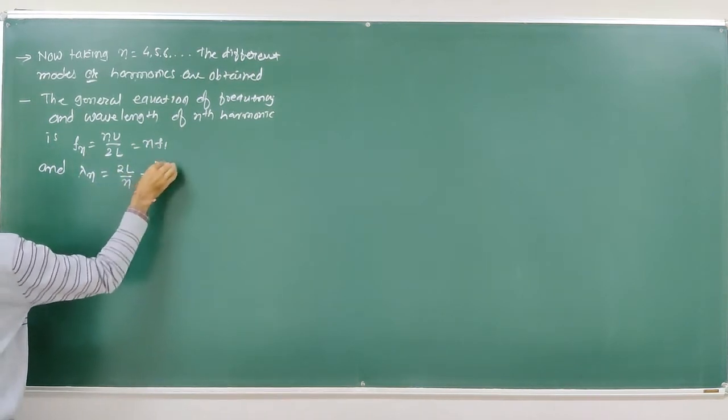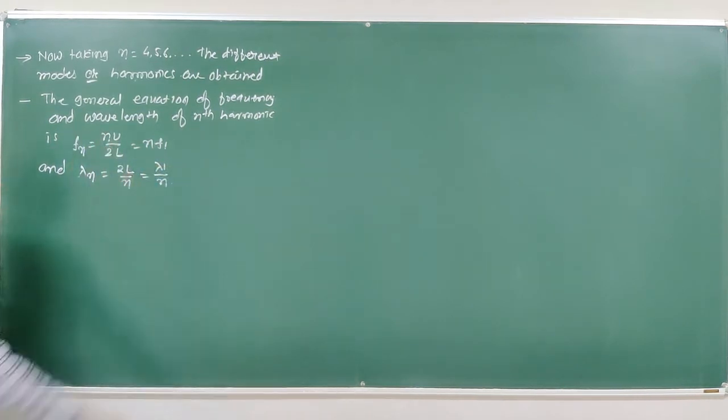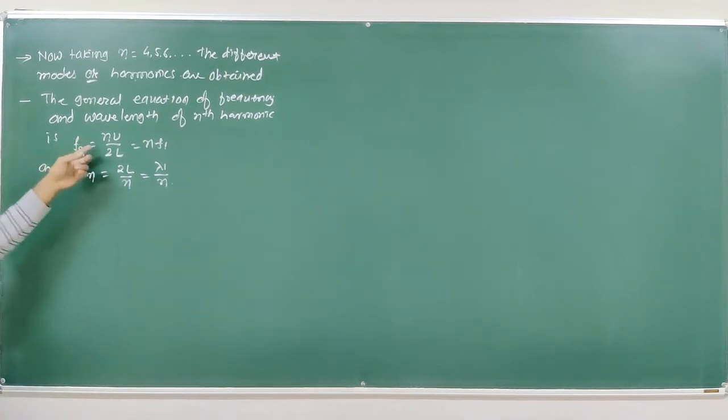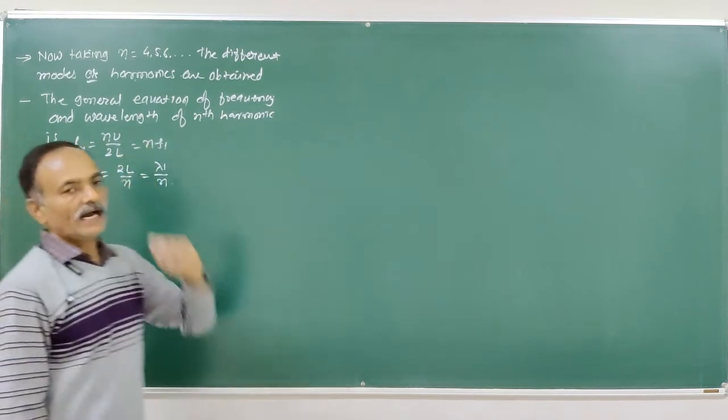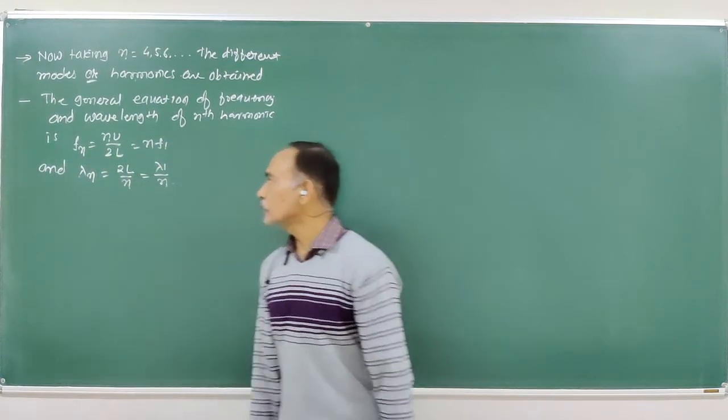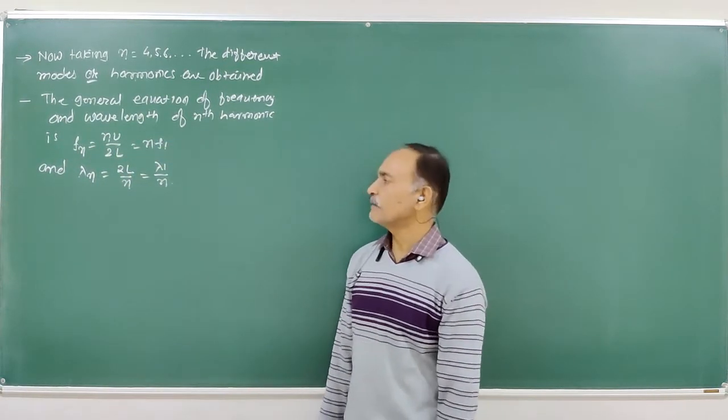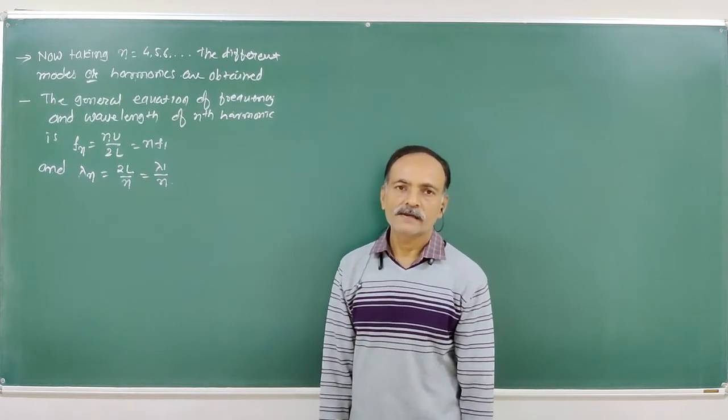That means lambda 1 upon n. There is the general equation of the frequency, Fn is equal to nF1, and lambda n is equal to 2L upon n, that means lambda 1 upon n.